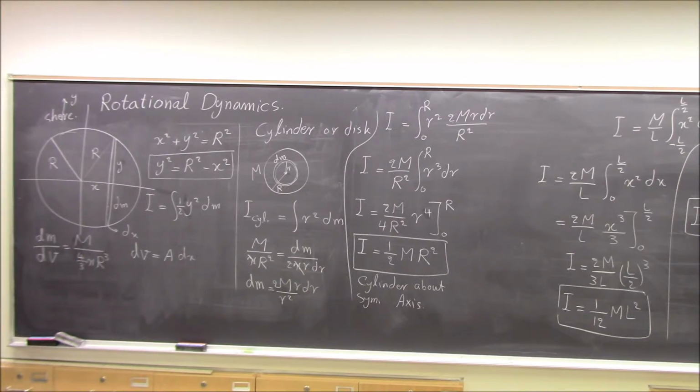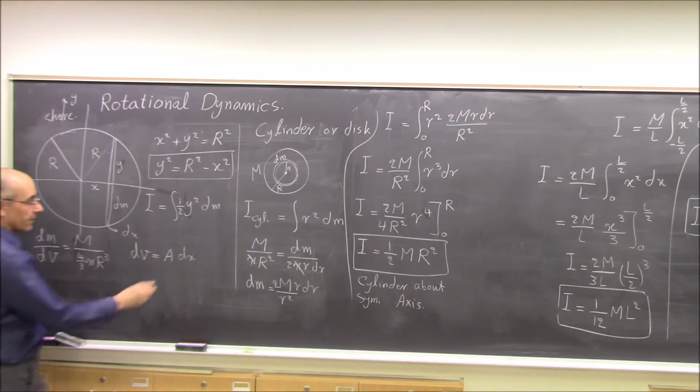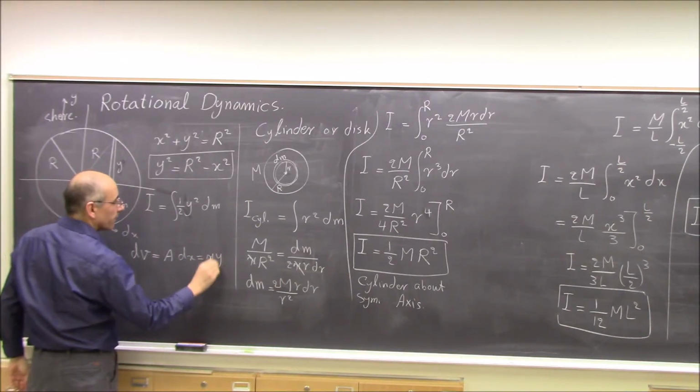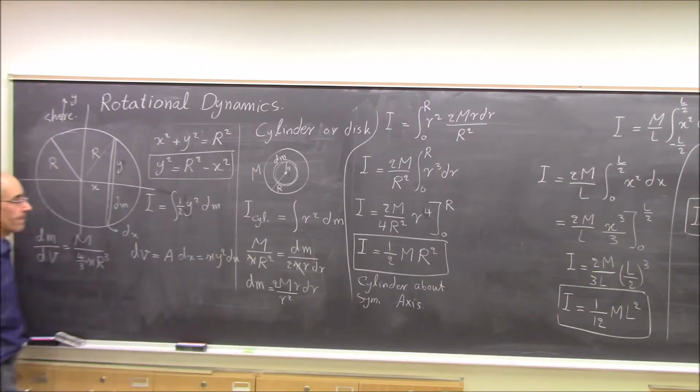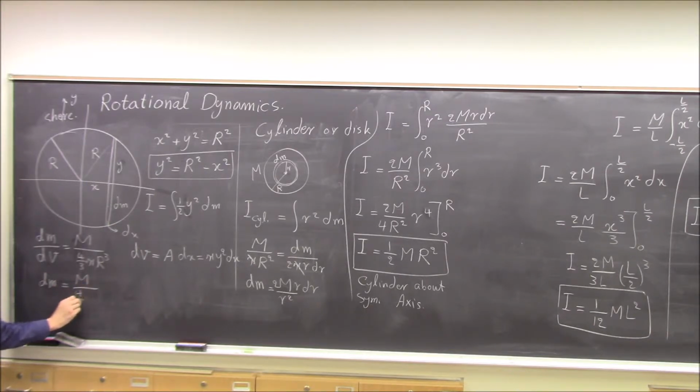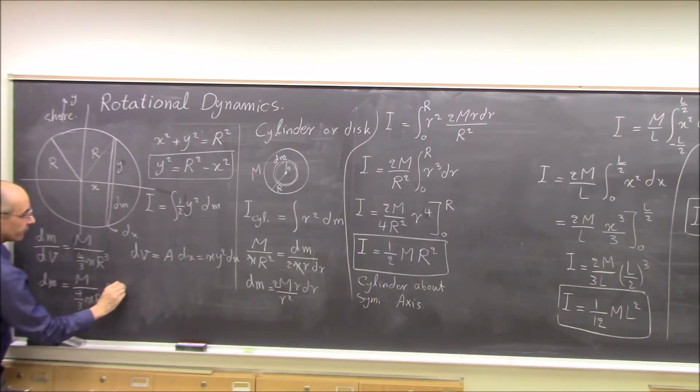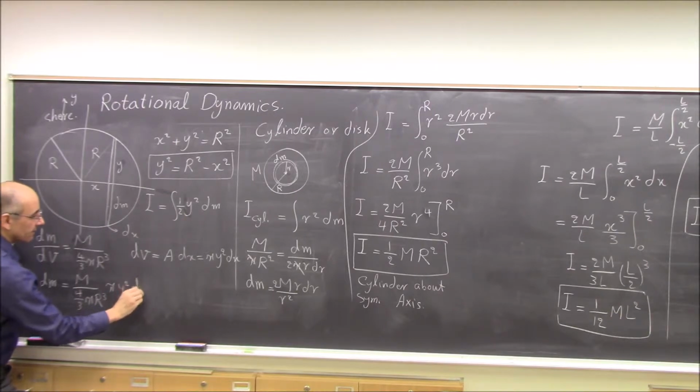The area is pi y squared, so it becomes pi y squared dx. And put that in here, so dm is equal to m over 4/3 pi R cubed times dV, which is pi y squared dx.